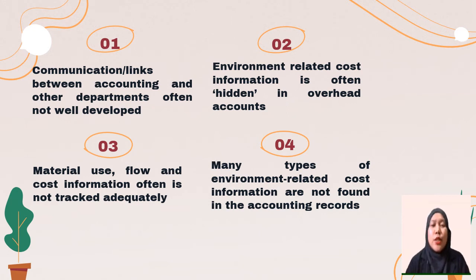Thirdly, material use, flow, and cost information often is not tracked adequately. Conventional cost accounting systems often do not record data on material inputs to and from each cost center in production, but rely on general calculations provided by the production planning system, which may or may not reflect an organization's real world use and flow of materials.